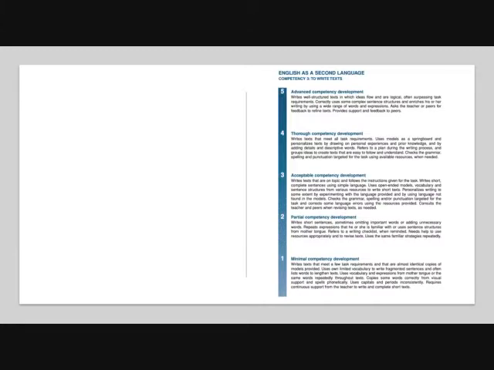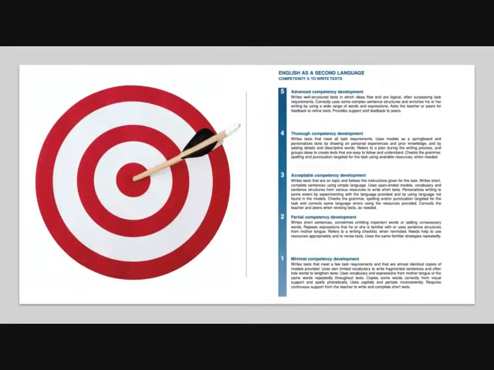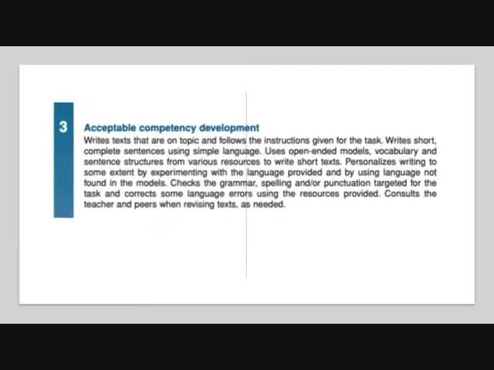All right, so let's go back to our competency scale. So if this is our competency scale, this is what we're looking at, right? Acceptable competency development, anything above that is a 4 or 5, anything a little bit below on target is 2 or 1. So let's look more closely at what's acceptable.